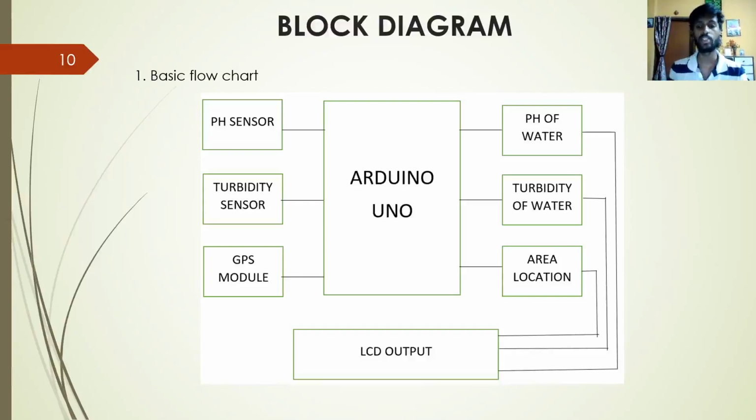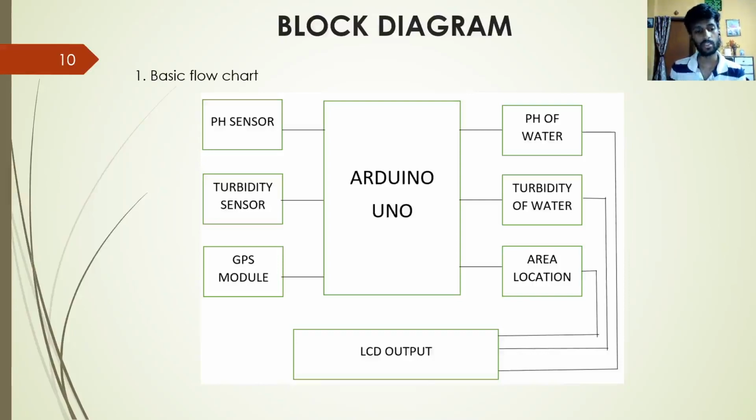It gives the location of the society or the municipality of that area. The pH sensor will give the pH of the water, as we can see from the right-hand side, as well as the turbidity sensor and the GPS module for the location. Those three will be displayed on the output of the LCD screen.